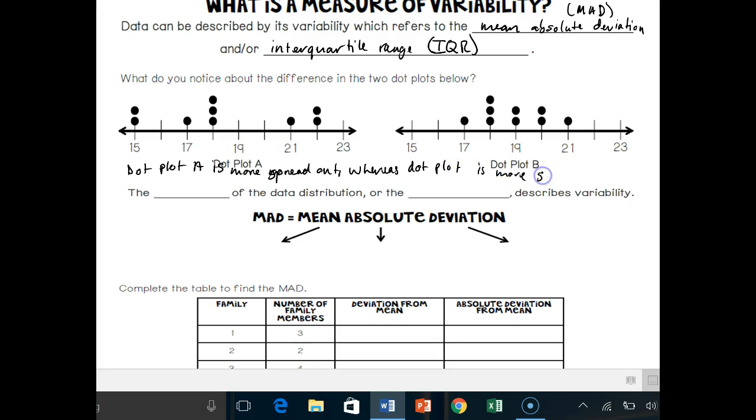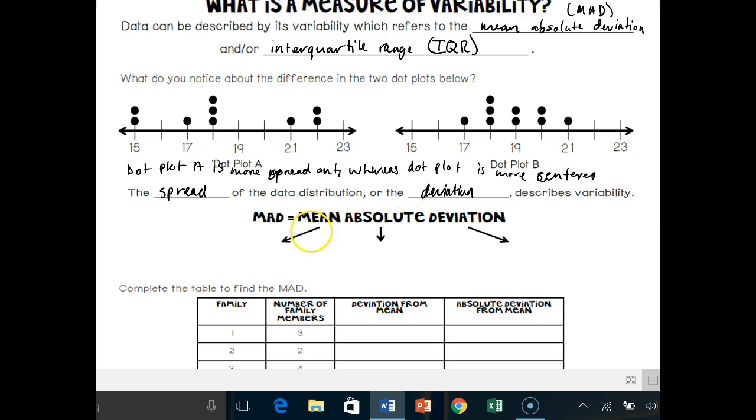So we have a bigger spread on dot plot A. We go all the way from 22 to 15, whereas dot plot B is more clumped together in the center. Another way to describe deviation: if you take a normal path, to deviate from it would be to take a couple steps off to the side of it or to the other side of it. So the spread describes the variability.